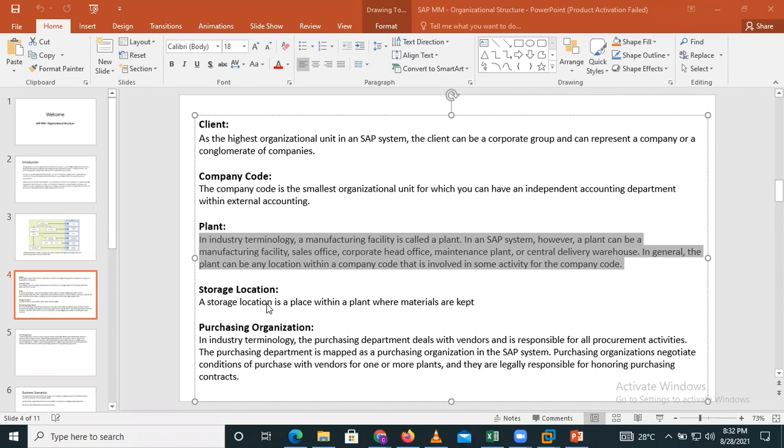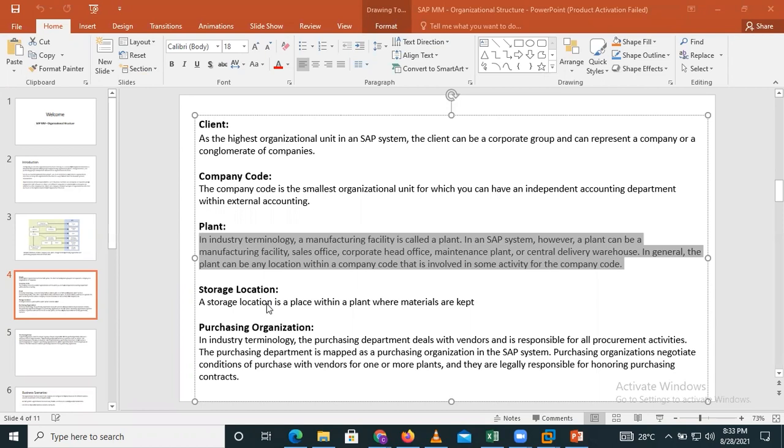Now another example: if my client is Jet Airways or SpiceJet, am I doing any manufacturing in SpiceJet? No. We are only providing airline services to our customers.